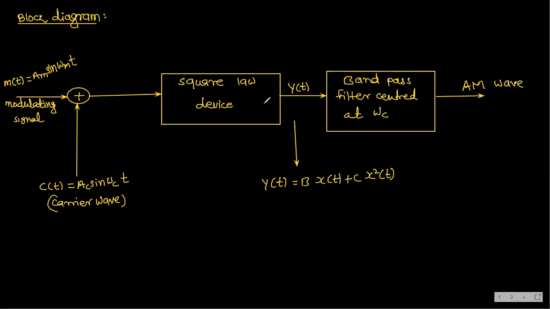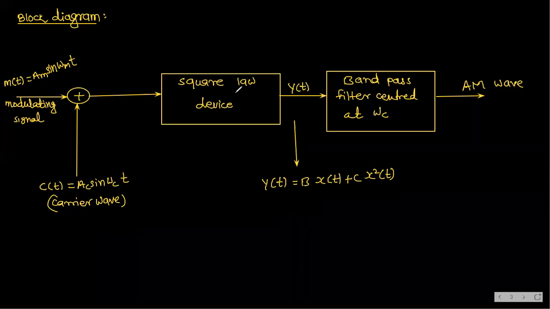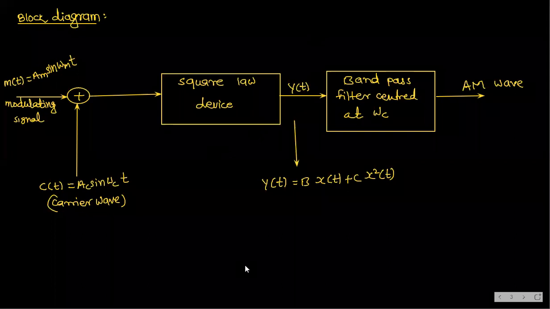So like this, production of an amplitude modulated wave will take place, and this is what I have shown with the block diagram. Understood? Clear? So now you can draw this block diagram.